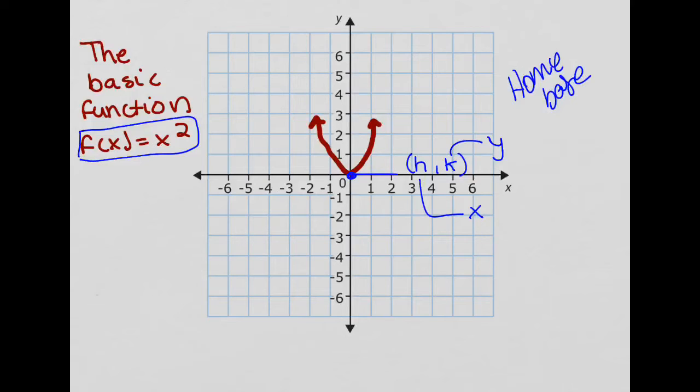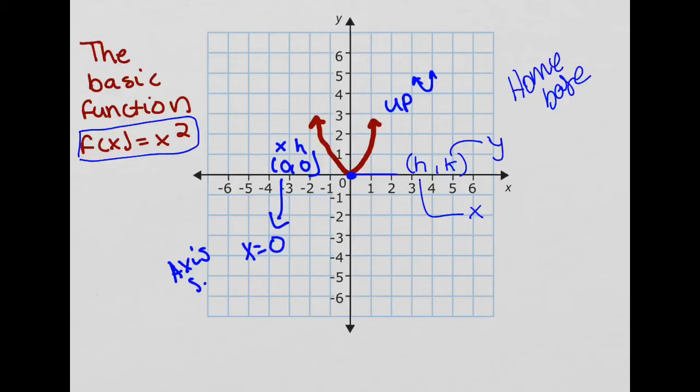Right here, in this case, the vertex for this graph is (0, 0), where the x is 0 and the y is 0. This is a happy face. If you notice, it's looking up, it's upward. I always say happy face, smiling. So the axis of symmetry is the x value of the vertex. So in this case, x equals 0 will be the axis of symmetry.